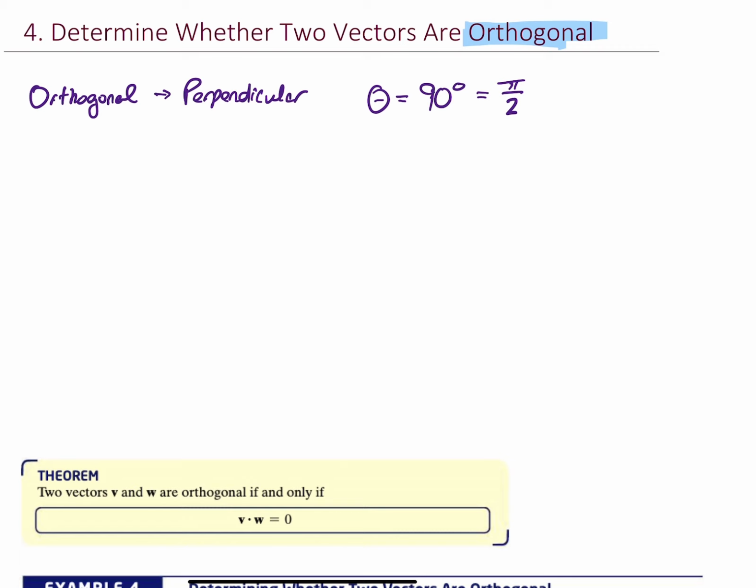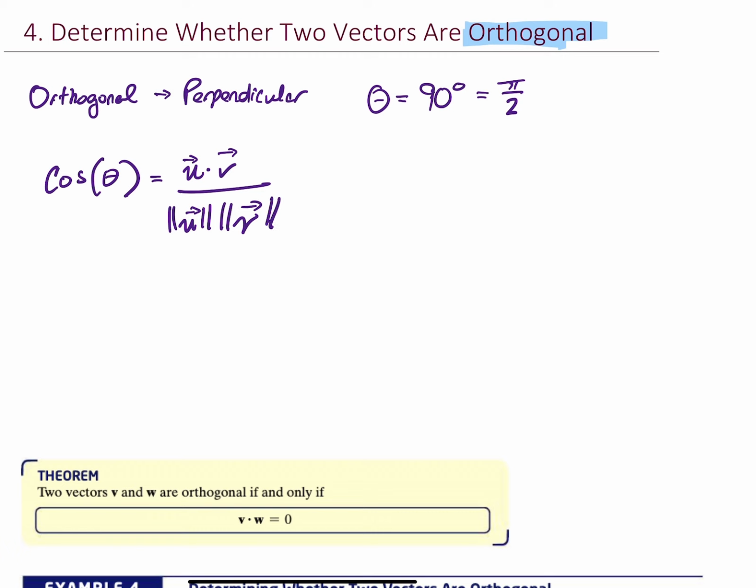So how can we determine that without even doing our whole angle calculation? Well, let's recall the formula for the angle of two vectors. The cosine of theta is u dot v over magnitude of u times the magnitude of v.